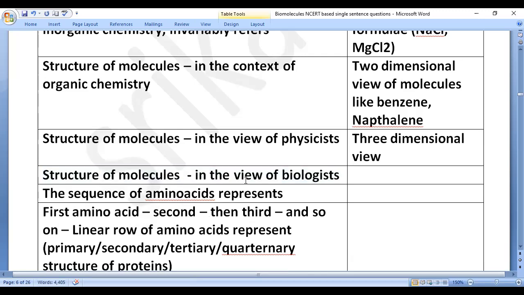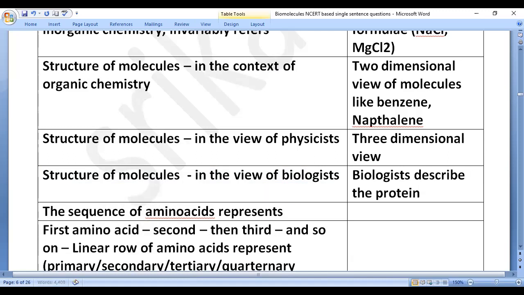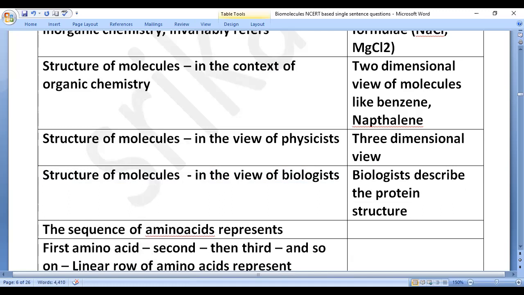In the view of a biologist, biologists describe the protein structure at four levels.